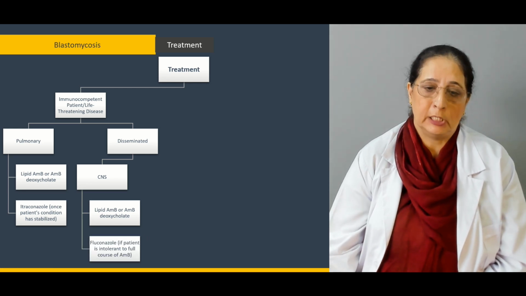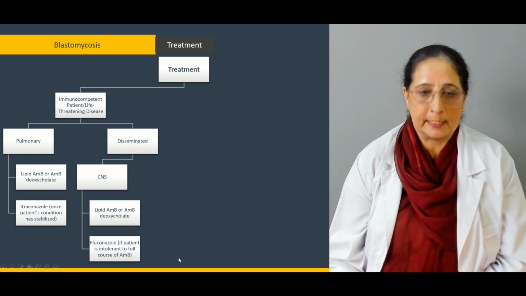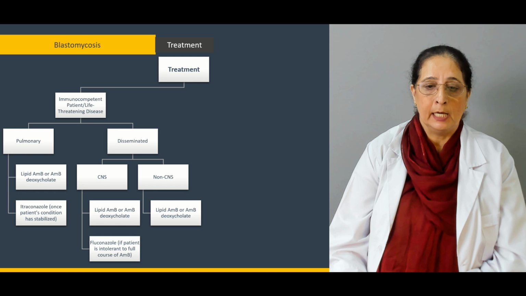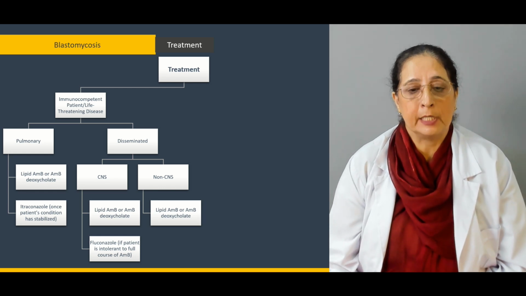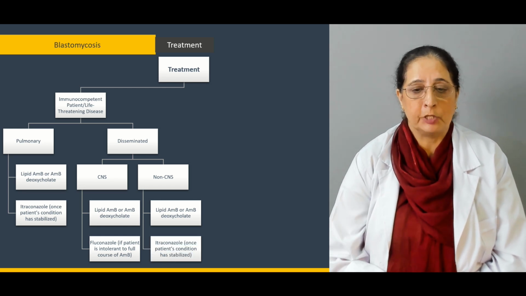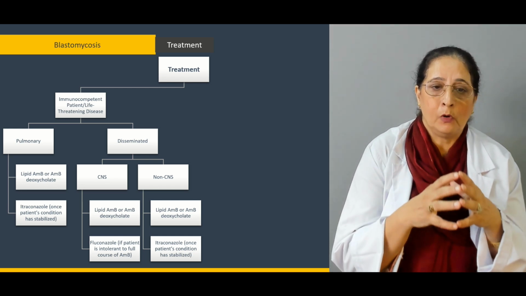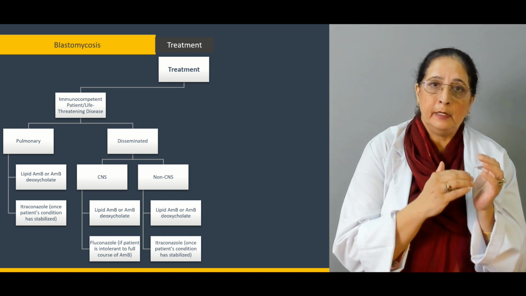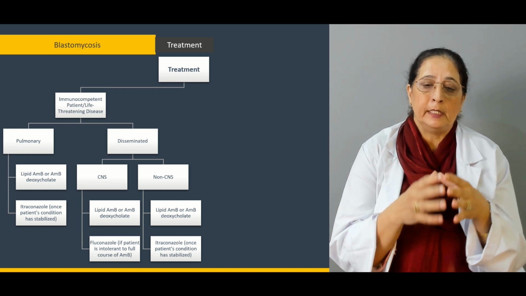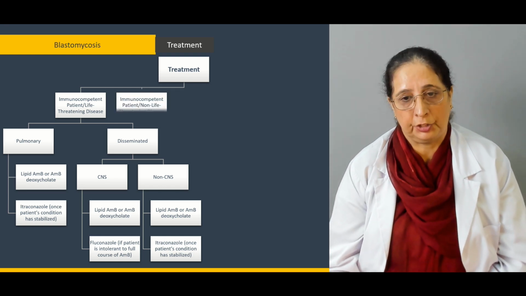Then fluconazole if the patient is intolerant to a full course of amphotericin B. Next, non-central nervous system disseminated is again lipid amphotericin B or amphotericin B deoxycholate and itraconazole. So in this case, we talked about the immunocompetent patient with pulmonary infection or disseminated infection. In the disseminated, we talked about central nervous system or non-central nervous system infection.